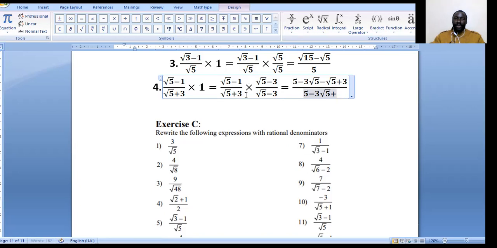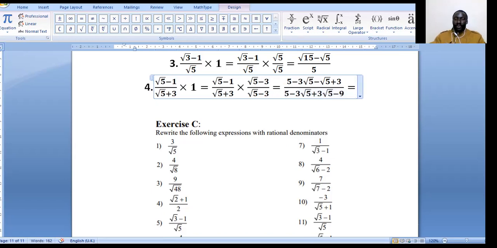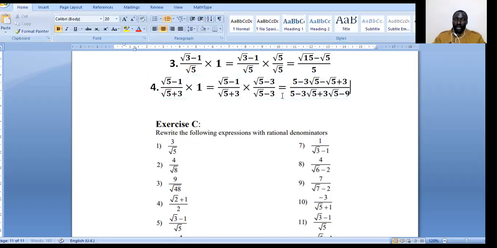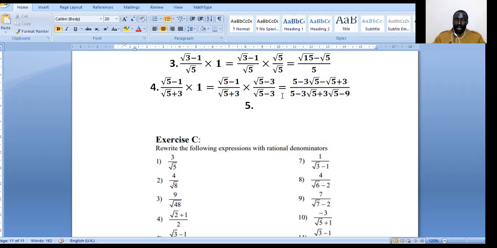So we have to multiply this 3 with this square root of 5. That will give us 3 square root of 5. Then this 3 we have to multiply with that 3 to give us what? Minus 9.